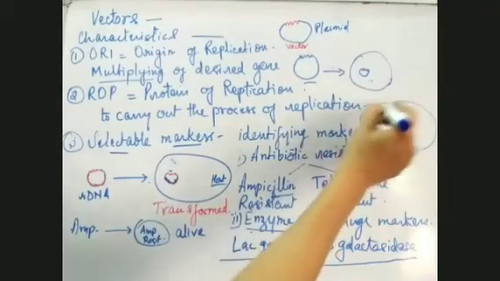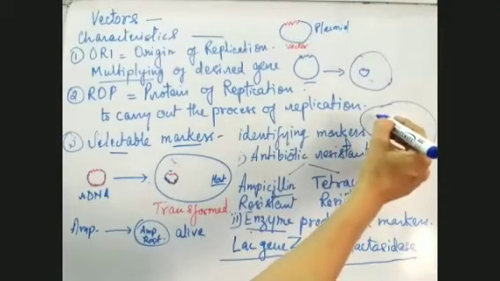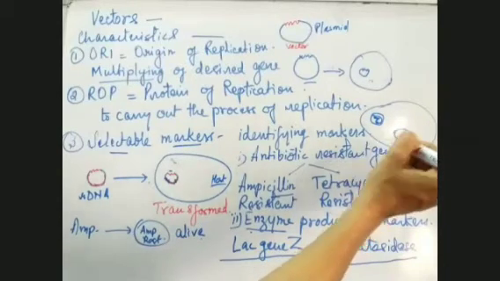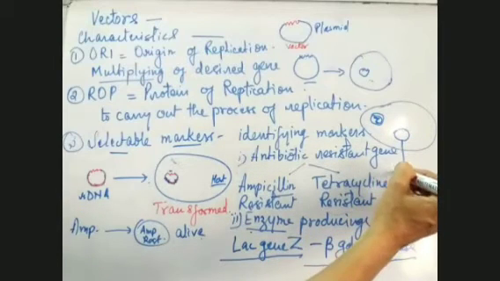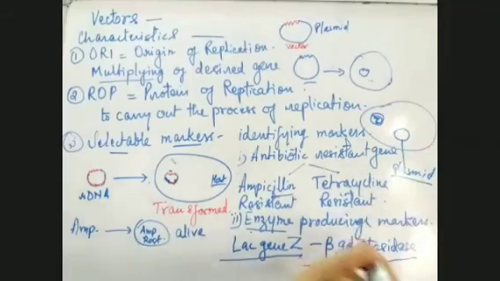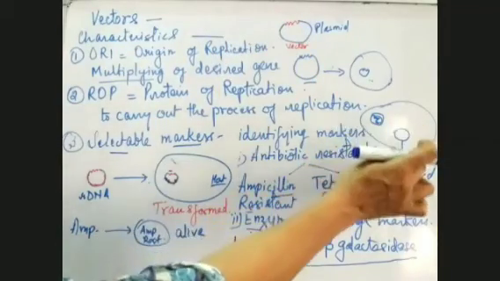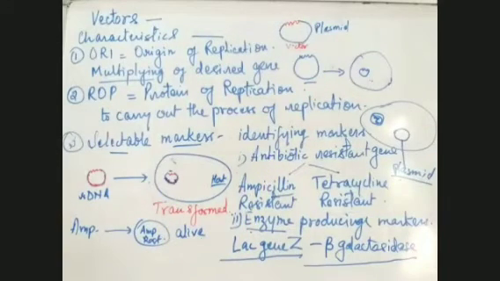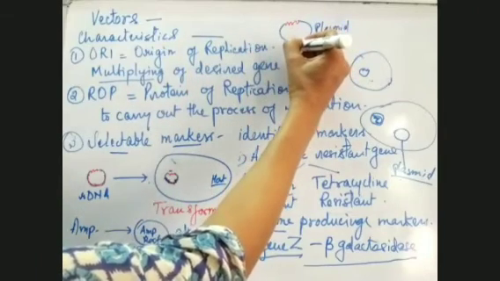This is a bacteria. Bacteria has its nucleus, and besides its nucleus, it has some extranuclear material which is known as plasmid. We have taken out this plasmid from the bacteria to make it a vector. Vector means a carrier, to carry a desired gene into the host.